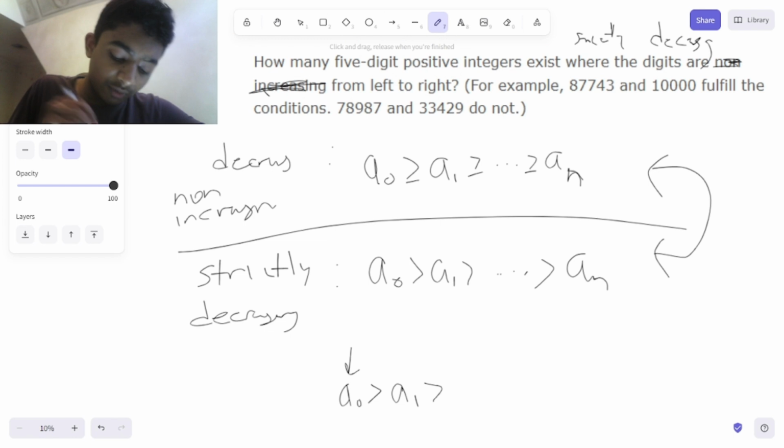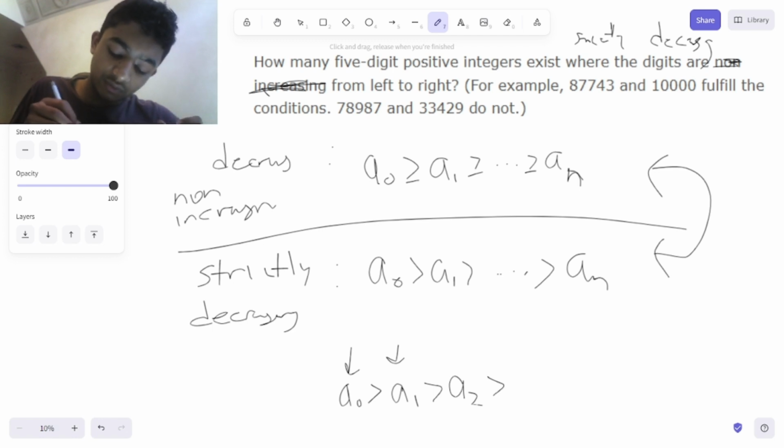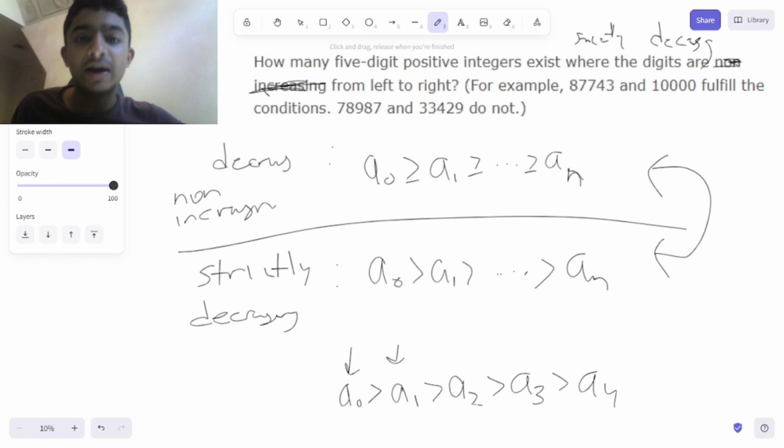So a0 would represent, in this case, the 10,000th place, a1 would represent the 1,000th place, and a2 would represent the 100th place, and so on and so forth. The elements of the sequence could be combined to make the actual 5 digits of the number.